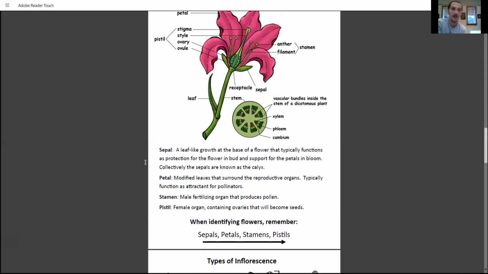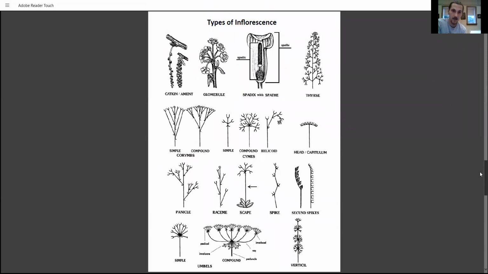However, they don't look anything like sepals and petals as we would think of in quote unquote normal flowering plants. So yes, grasses are technically flowering plants. They are angiosperms. However, because of their need only for wind pollination, their flowers are very unique. They're not very impressive. And there are even totally different descriptive words to refer to the different parts of grass plants in general, but including grass plant flowers because they're so unique. And again, I can get into that a little later on.